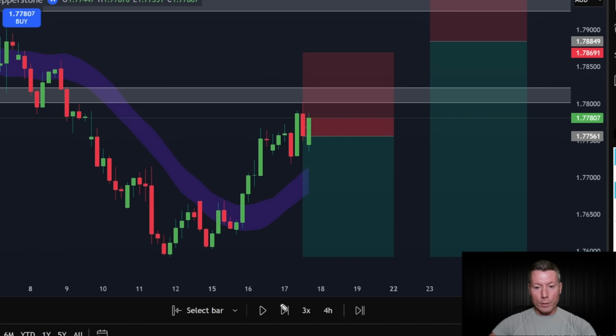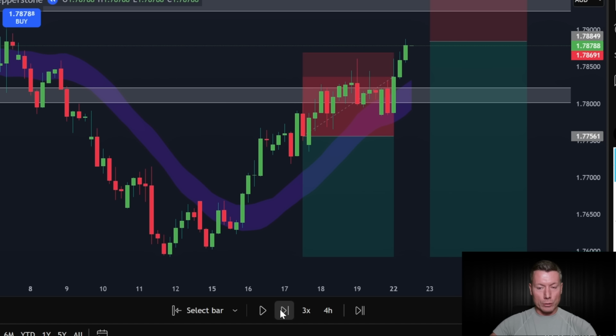At this point, if we just play it along, you can see it. Let's hope this level holds. We got a nice big bearish candle. I'm really confident now this is coming down. I really like this level. And price comes up and eventually stops you out.